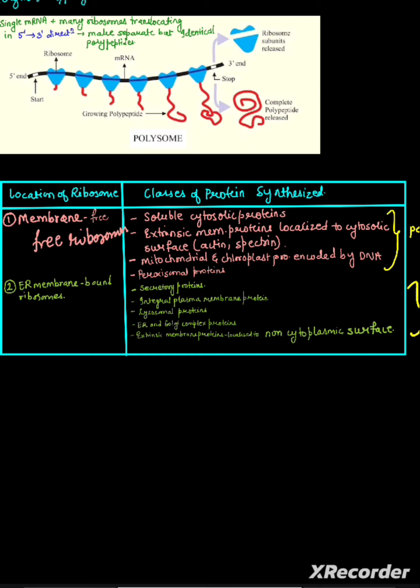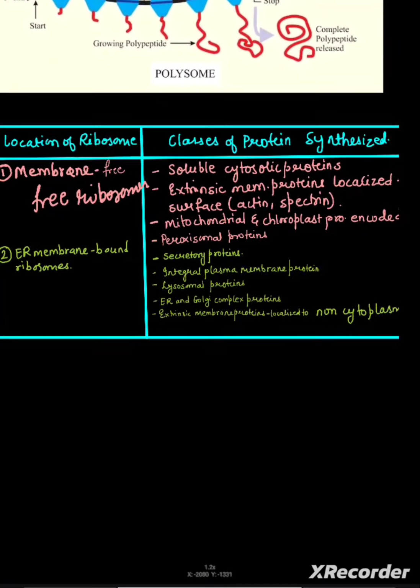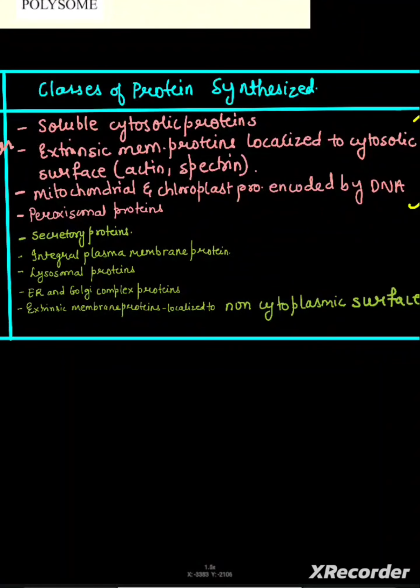And next, the location of the ribosome is ER, the membrane bound ribosome. The ribosomes present on the rough endoplasmic reticulum form the secretory proteins. This is important. When we look into the translocation of proteins, this is a very important concept. And then the integral plasma membrane proteins, lysosomal proteins, Golgi complex proteins. These complexes are formed, with translocation of proteins from ER to Golgi.